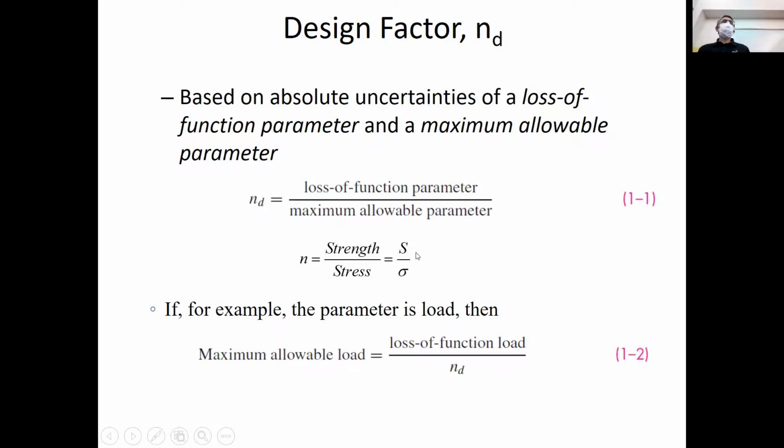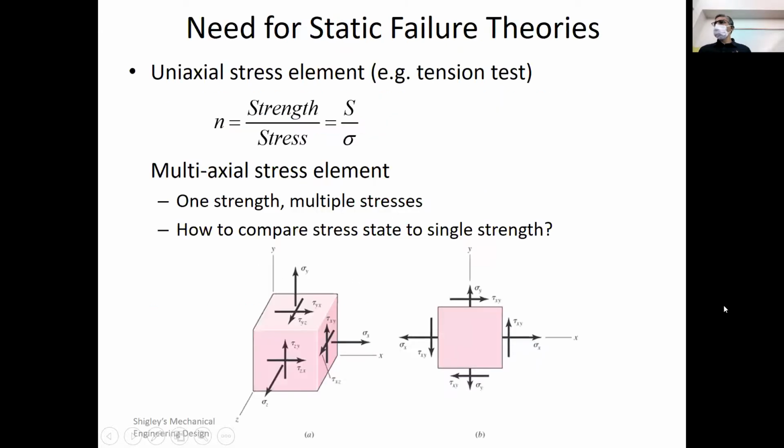And you're going to see in failure theories, we're going to use that quite extensively. Why cannot it be just simply, I look at the strengths from the back of the book and divide it by a stress value? Why can't I just do that?